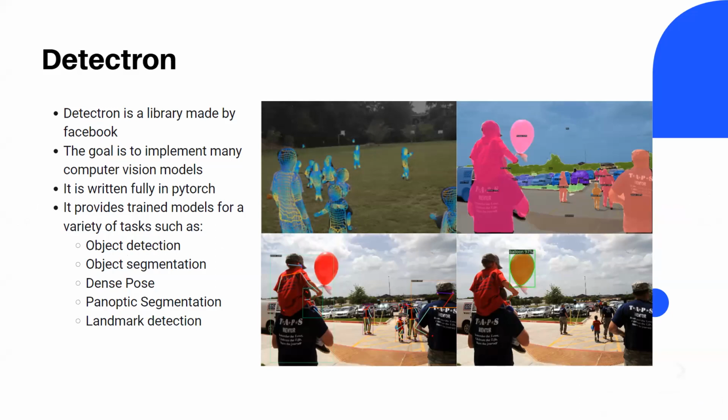It's just code for you guys to quickly be able to use any of these applications with the least amount of code possible. The good thing about it is it's fully written in PyTorch.